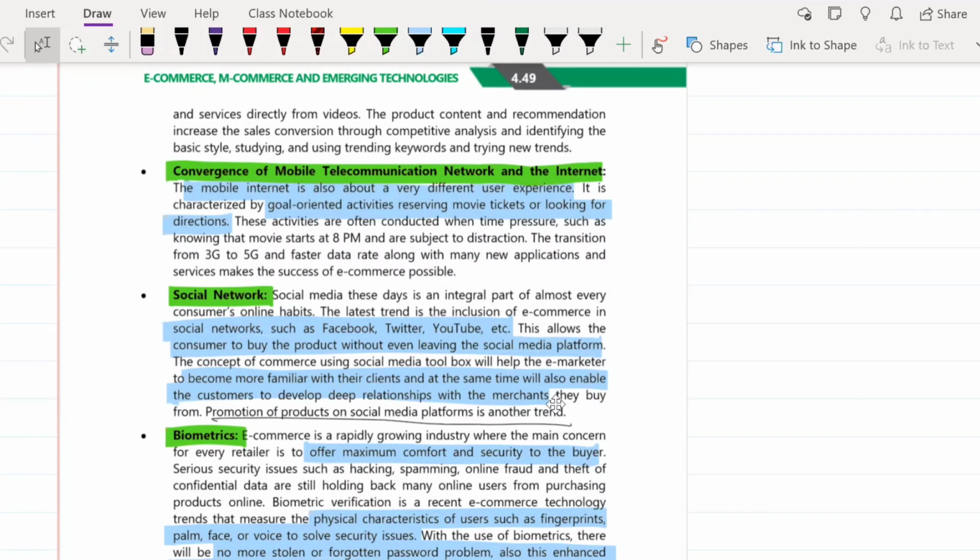Since you have internet on the mobile phones itself, even if you're going to a theater and you see that there is a huge crowd or a huge queue for taking the tickets... Earlier, we used to stand in the queue and get the tickets, and by then the movie would almost get started, right?